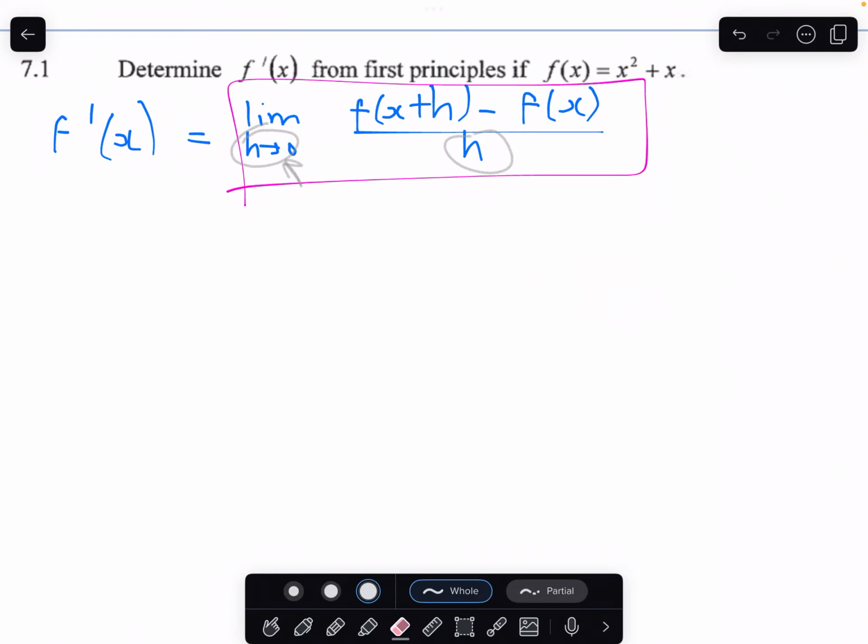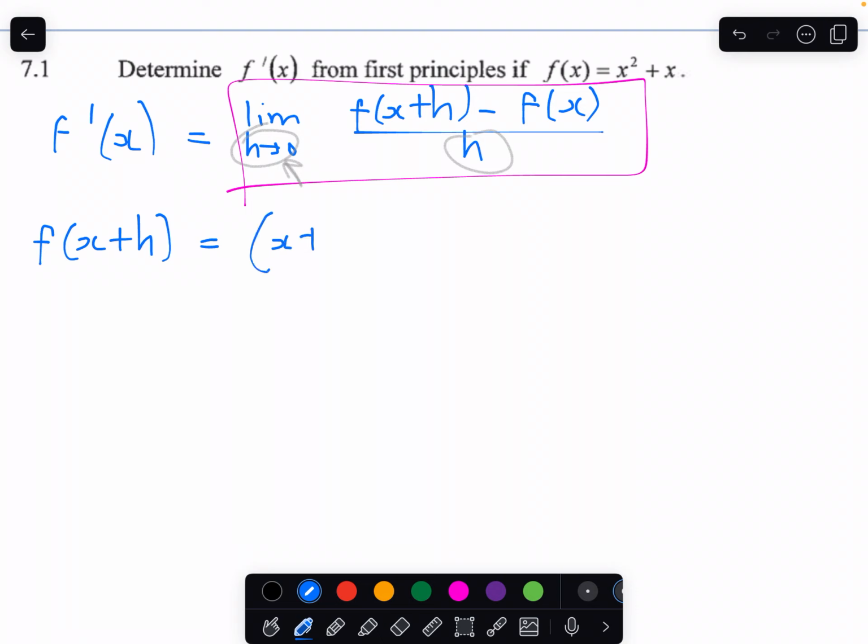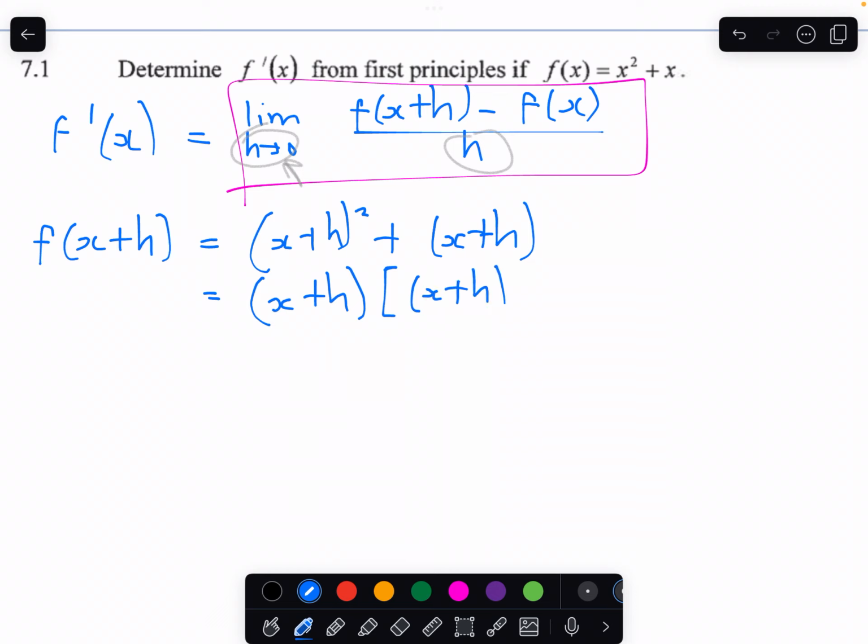Okay, so let's hit it. We need to figure out f of x plus h, so we substitute x plus h into the function. That'll be (x plus h) squared plus (x plus h). I'm going to simplify this by first factoring out the common x plus h. Here we'll be left with x plus h, and here we'll be left with 1.